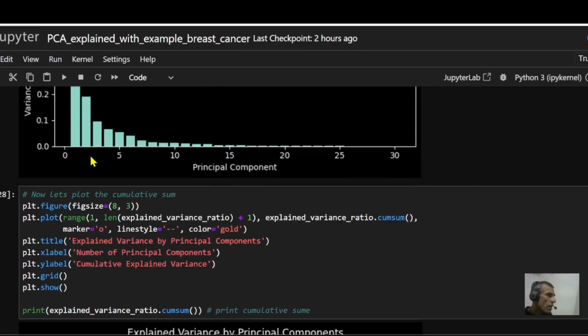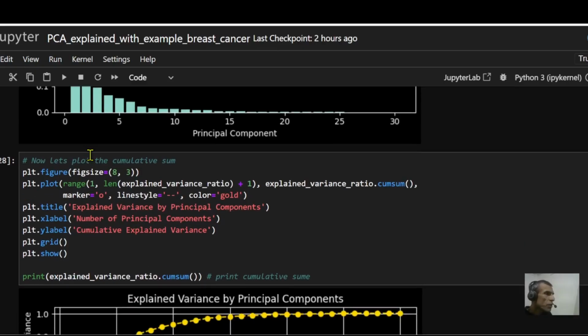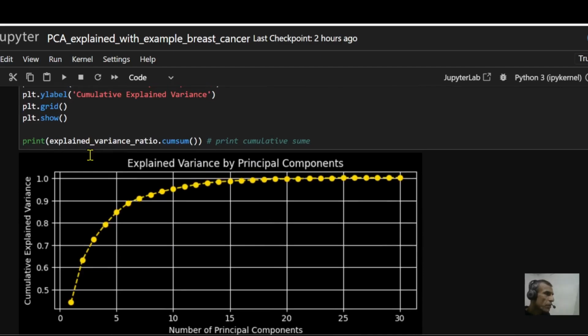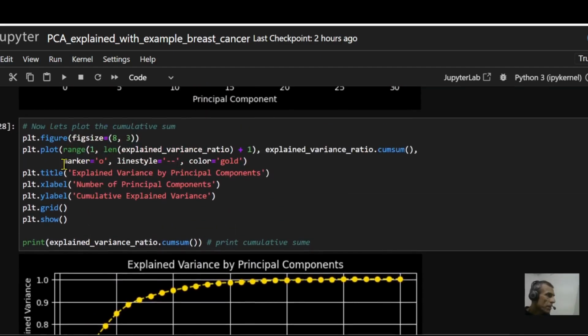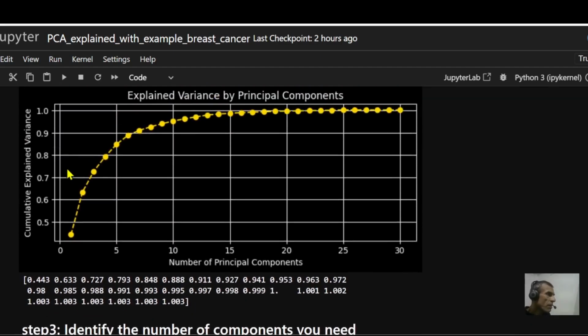Okay, now let's plot the cumulative sum. I want to see the cumulative sum. So I do my cumulative sum and this one tells me principal component 1 captures 44.3%, and principal component up to 2, including 1 and 2, captures 63.3. Okay.